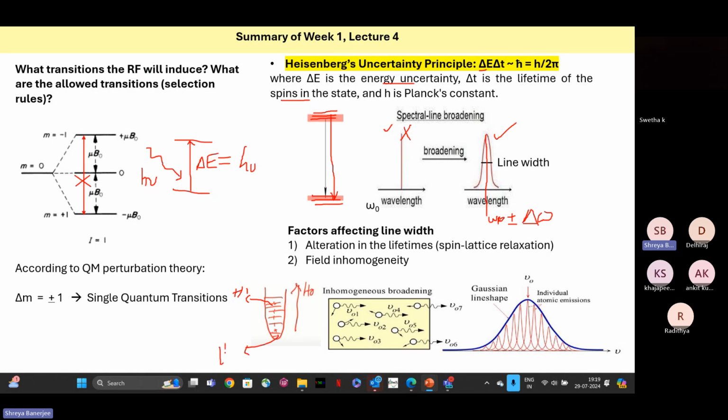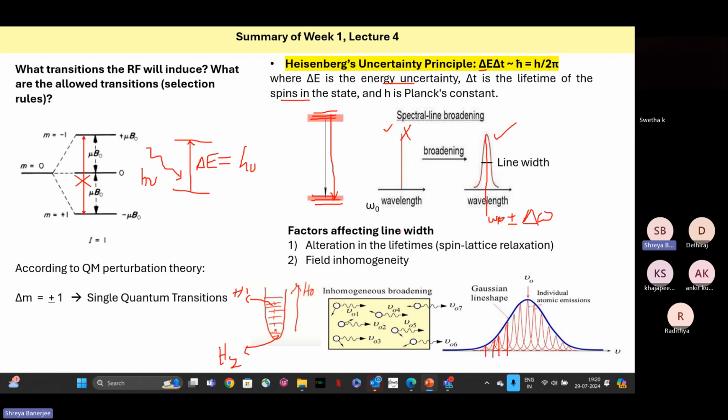So different nuclei in the sample are experiencing different values of the external magnetic field. When this happens, the absorption will also be at different frequency values. You can imagine different nuclei absorbing at different frequencies, so this will cause line broadening.